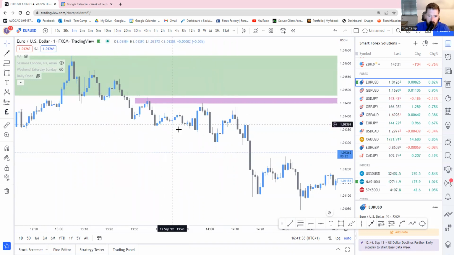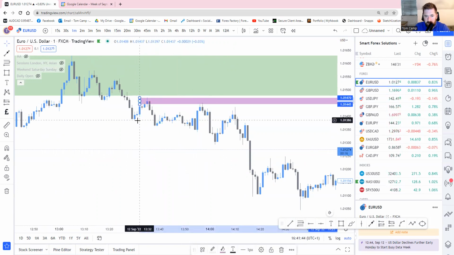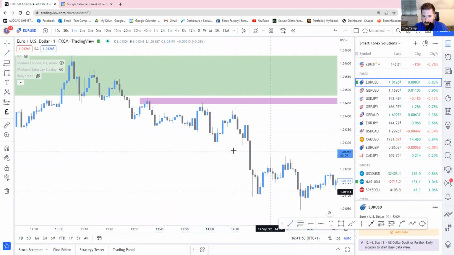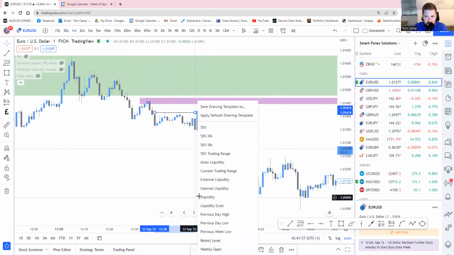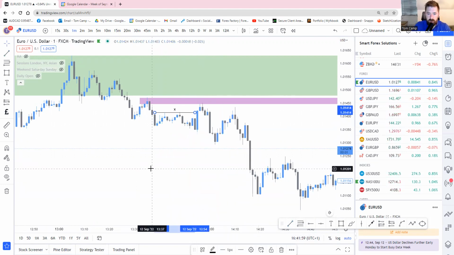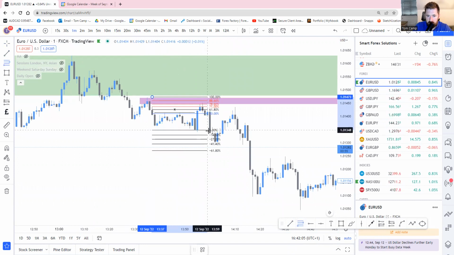Another thing that drew me towards this particular entry was because we were breaking external liquidity and internal liquidity was created here in this little range that you saw. First thing I noticed was this liquidity, and the banks, what do they go for? Liquidity.